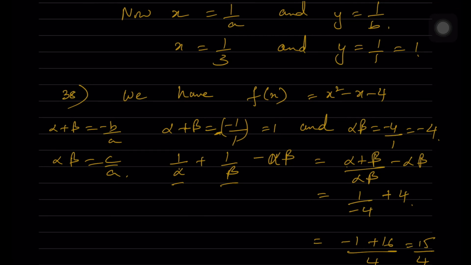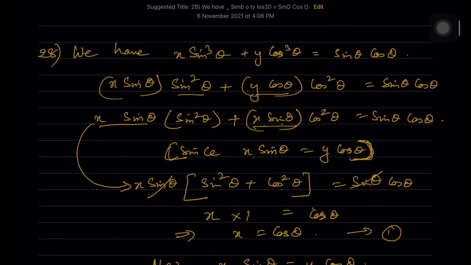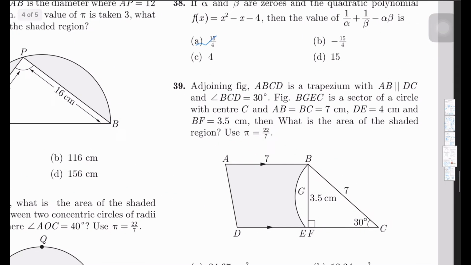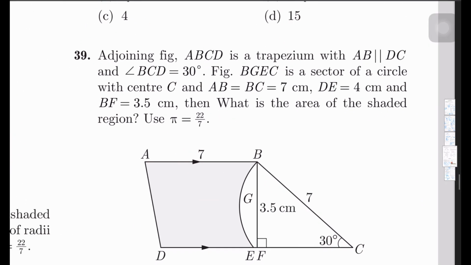So which is equal to minus 1 by 4 plus 4. If you're taking LCM here, minus 1 plus 16 by 4 is equal to 15 by 4, which is the answer. So tick that option.